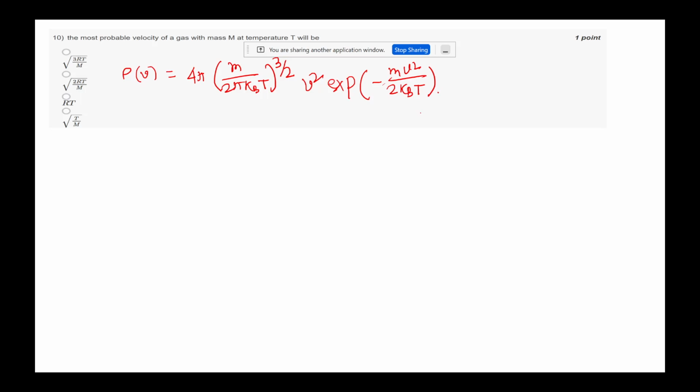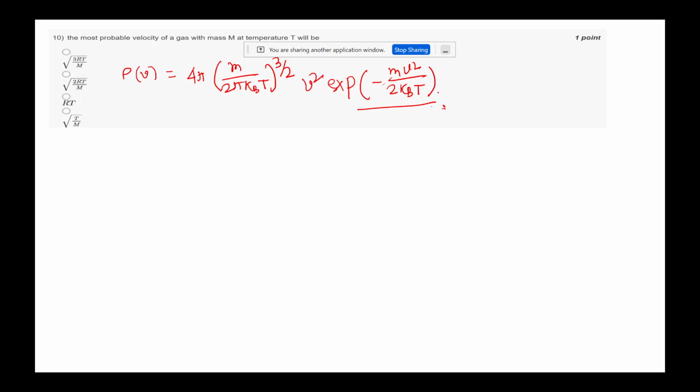Okay, so most probable velocity means for which value of v this function rho v is maximum, right? Are you able to follow my arguments?